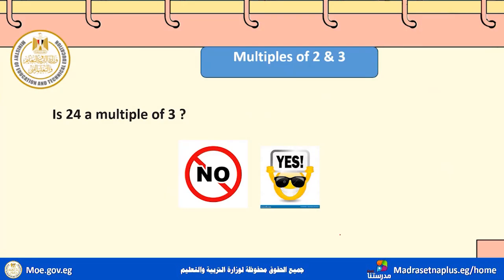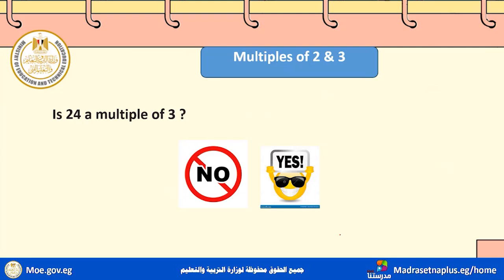What about 24? Is 24 a multiple of 3? That means if you go to your 120 chart to get multiples of 3: 3, 6, 9, 12, 15, 18, 21, 24. Yeah, 24 is a multiple of 3.